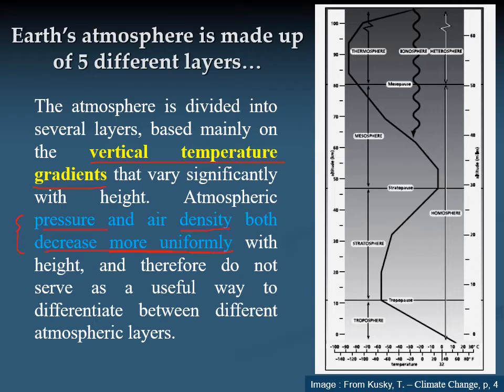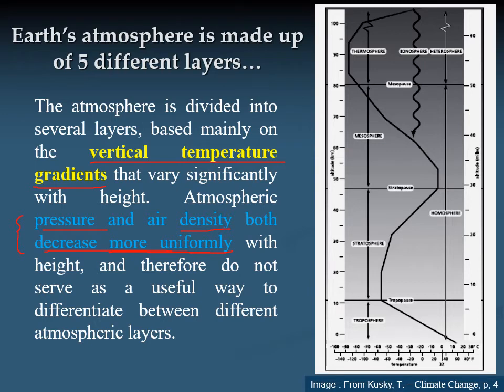So there are some sharp levels in which the general trend is disrupted, and because of the occurrence of these sharp changes in the temperature profile of the Earth's atmosphere, we can distinguish the entire Earth's atmosphere into certain layers. And depending on the change in vertical temperature, we can divide the entire atmosphere into 5 different layers.